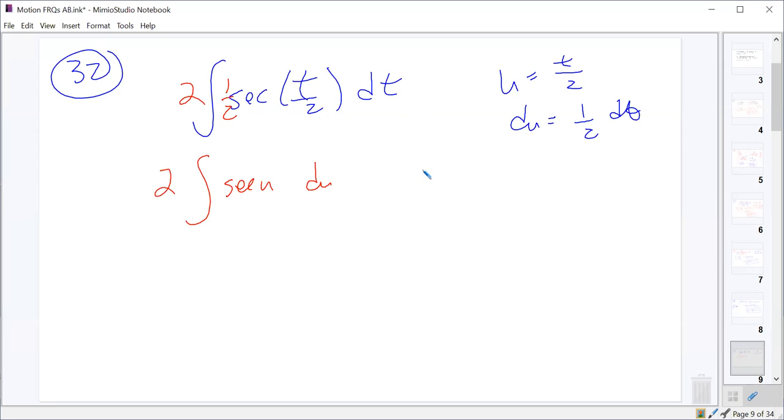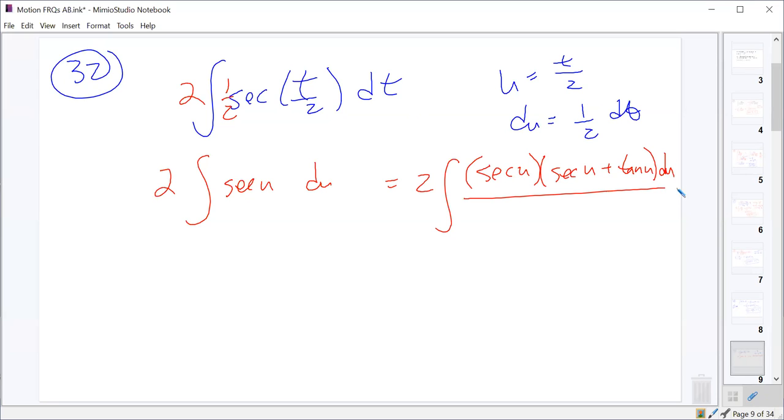But the way you integrate secant u is, let's do this. We're going to multiply the top by secant u plus tangent u. And if we do that to the top, we're going to have to do it to the bottom also. Not something, like I said, you need to know how to do, but that's fine.